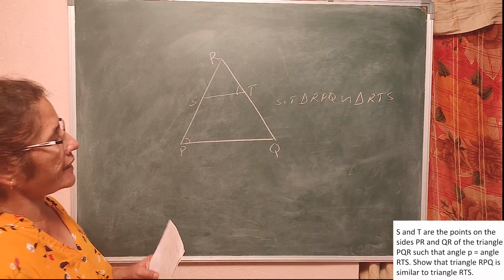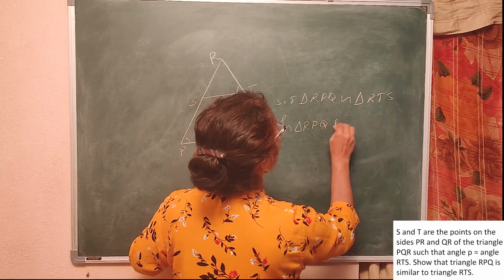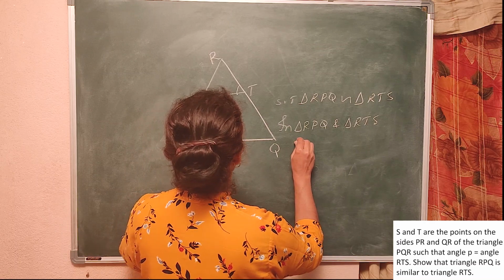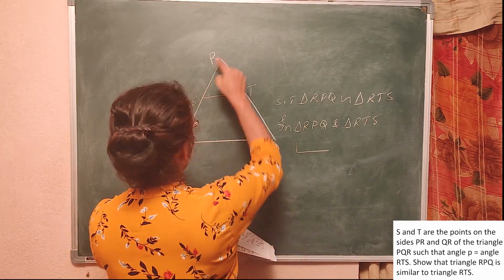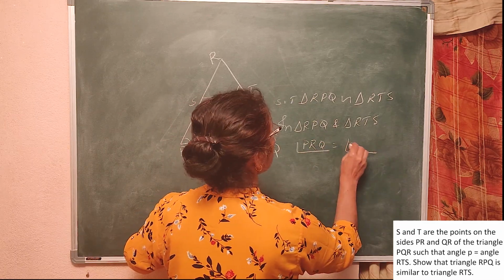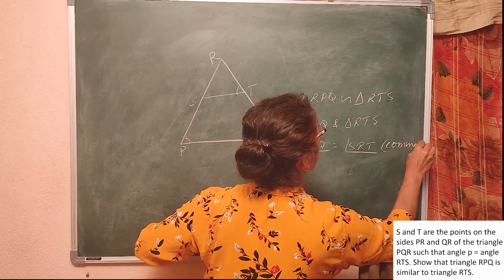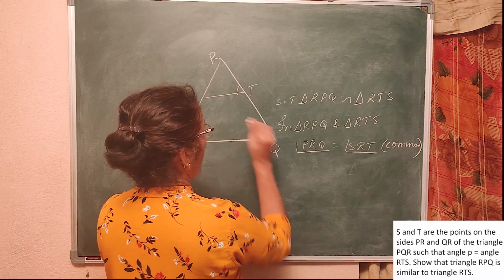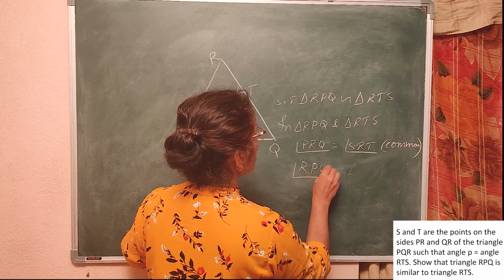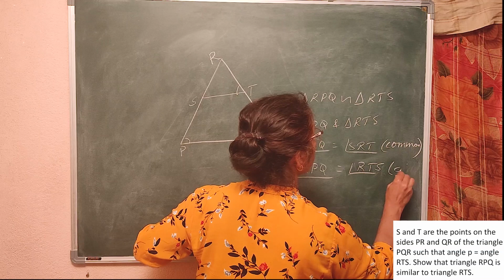So how can I start? In triangle RPQ and triangle RTS, angle PRQ is equal to angle SRP by common angle. Another one they have given, angle RPQ is equal to angle RTS by given.